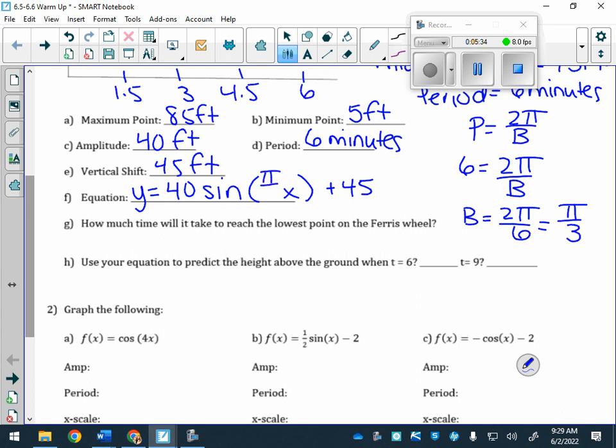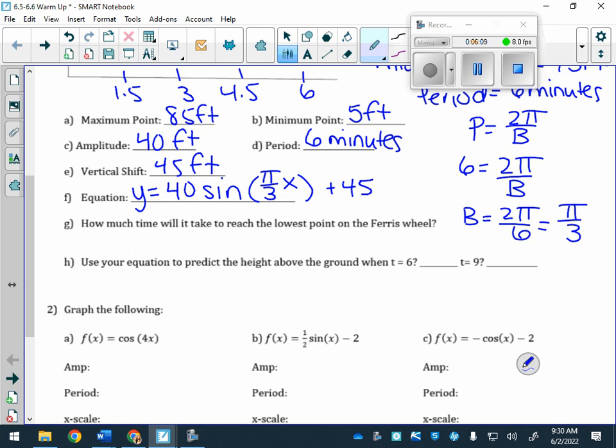So we have pi over 3. Okay, good. So that is your equation. Typically, if you're in minutes for real world scenarios, your b value is going to have that pi. And when we get to h eventually, if you're going to input this, you will have to make sure your calculator is in what?